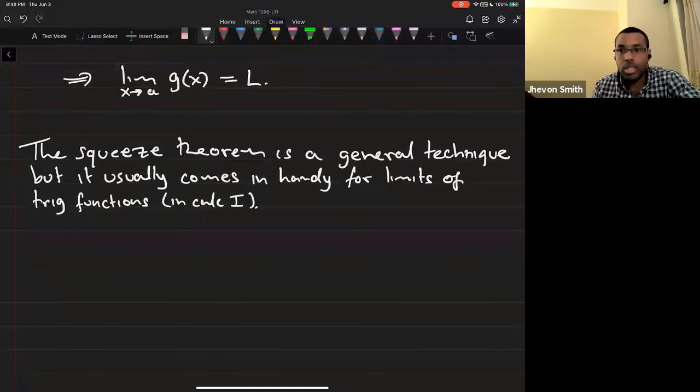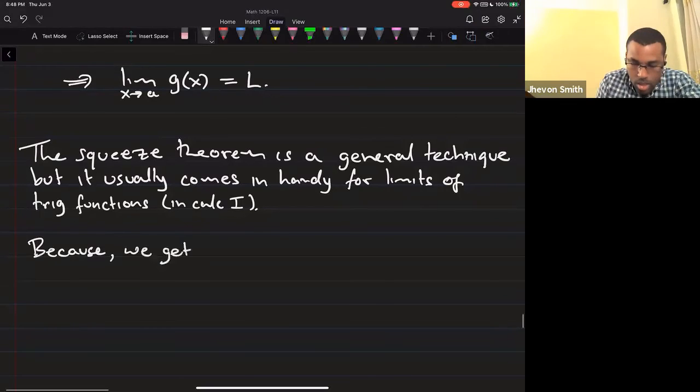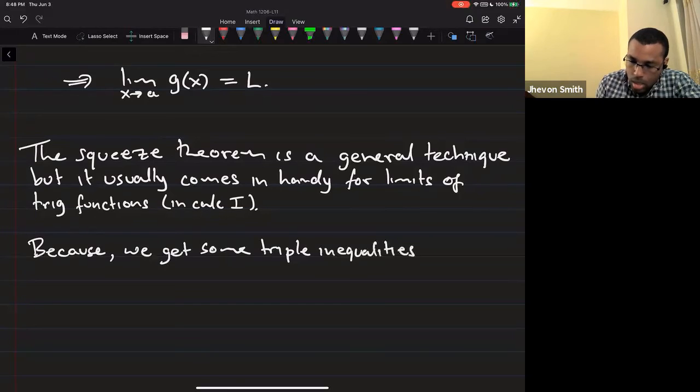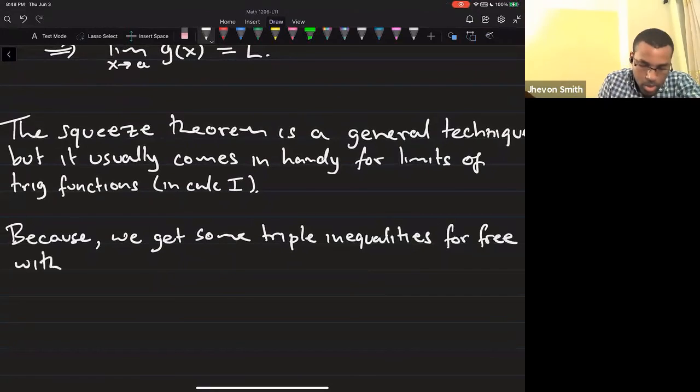And this is because with trig functions, you can get a triple inequality with certain functions very easily, because we get some triple inequalities for free with trig functions.